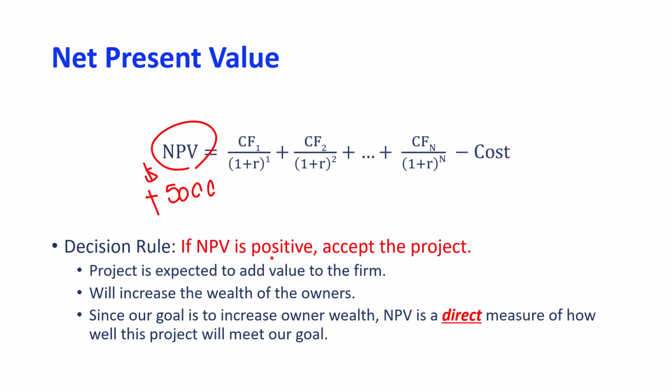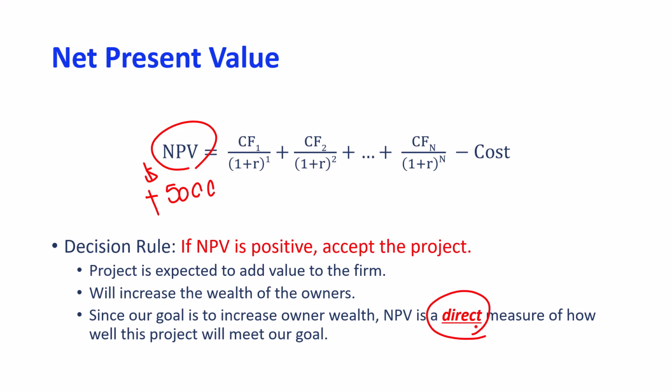That's why it says here, it will increase the wealth of the shareholders. And again, since our goal is to increase the owner's wealth, NPV is a direct measure of how well this project will meet our goal. In other words, it gives you a dollar amount of how much exactly you're adding to the value of the firm. So it's a direct measure of wealth creation for the shareholders.